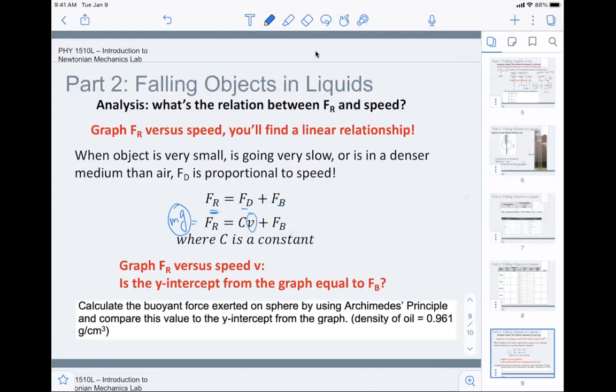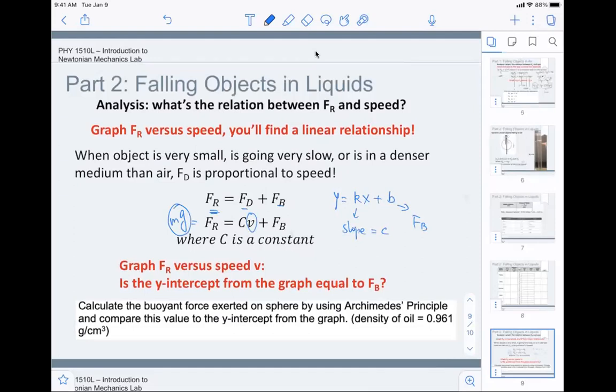Eventually you will get an equation, y equals kx plus b. The slope will tell you this constant, and the y-intercept b will tell you the buoyant force that the sphere feels.